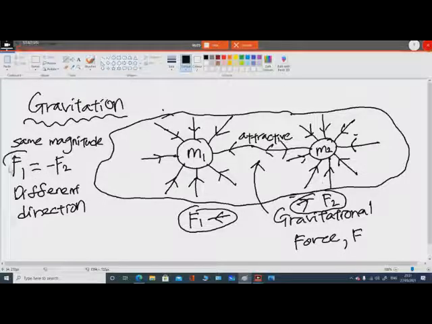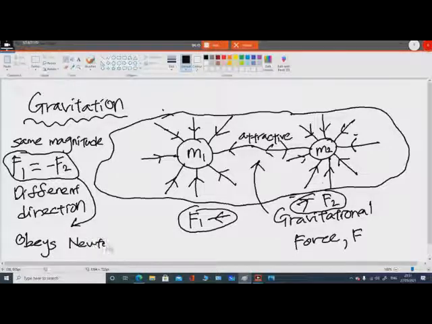From this equation, we can know that this actually obeys Newton's third law, which defines that the gravitational force of M1 on M2 is equal to the gravitational force of M2 on M1, which is in the opposite direction. Okay, so let's move to the next part.